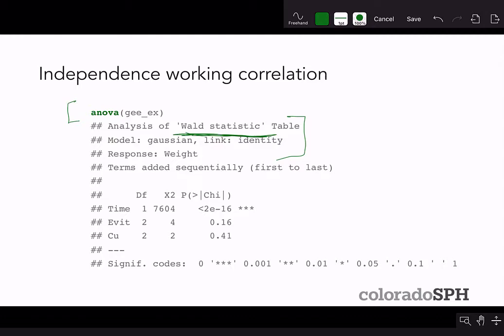And it will give you this table of p-values for each of your different variables in the model. Whereas the summary table produced previously gave one p-value for each level of these three-level variables, this will give you an overall p-value for both levels here.